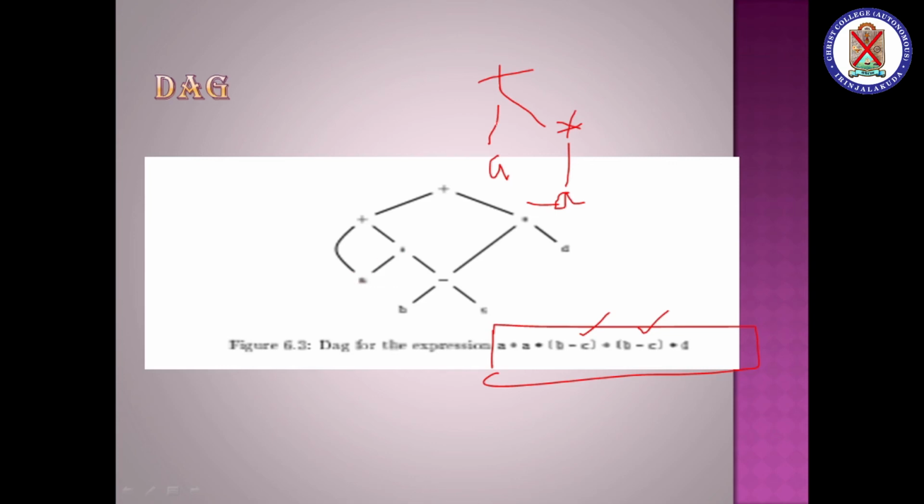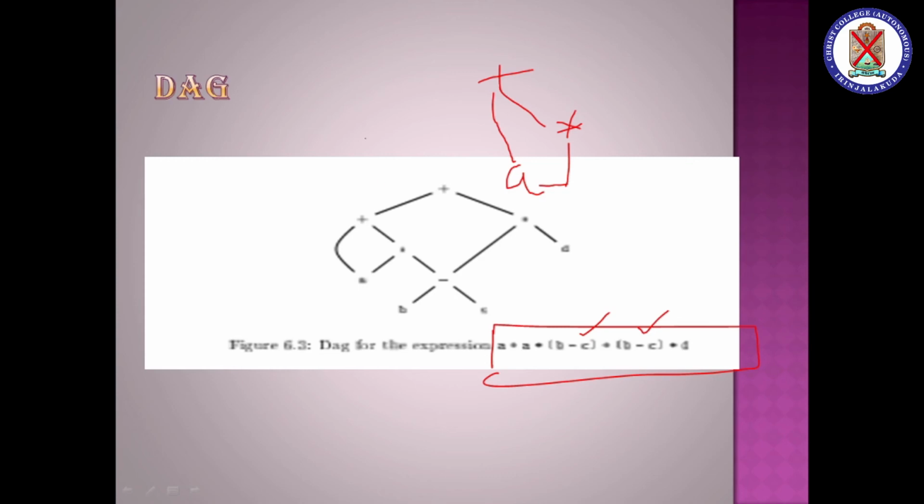So we are using a single A, and I am pointing to it here and also here. So that problem is being eliminated. Then B minus C: star is pointing to B minus C on the left hand side, and here also star is pointing to B minus C on the right hand side. So this is called a DAG.